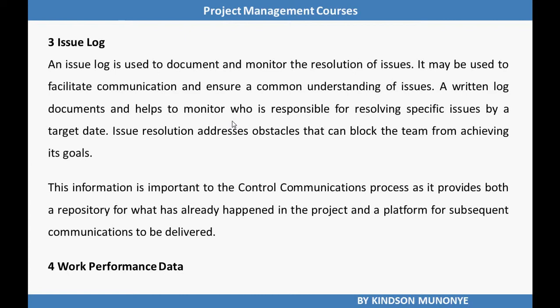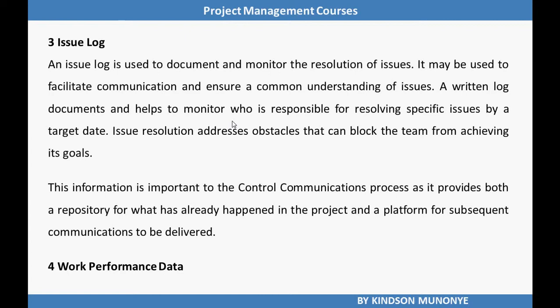It helps the project team to resolve issues and to prevent further issues from occurring. The information here is important in control communication because it provides both a repository of what has already happened in the project and a platform for subsequent communications to be delivered.